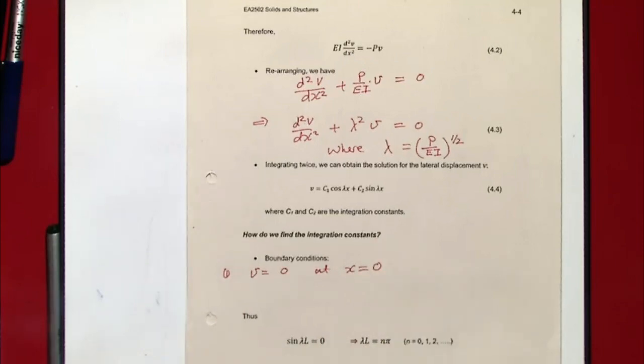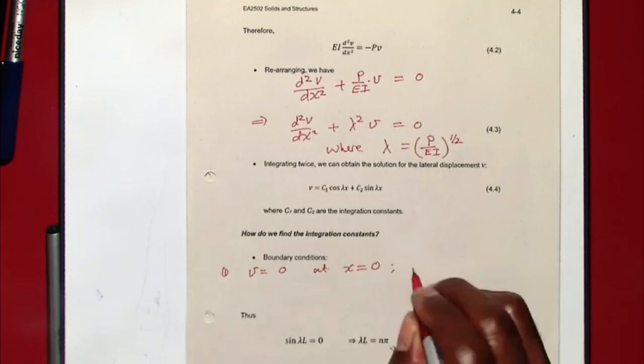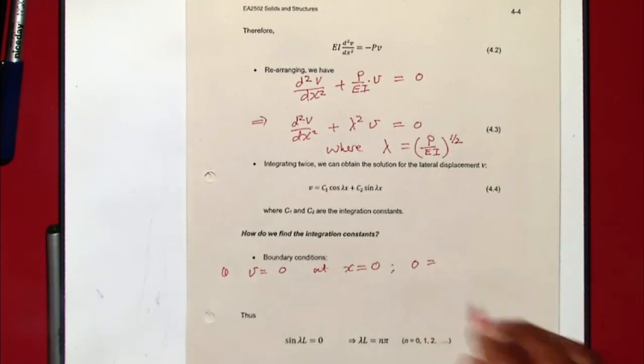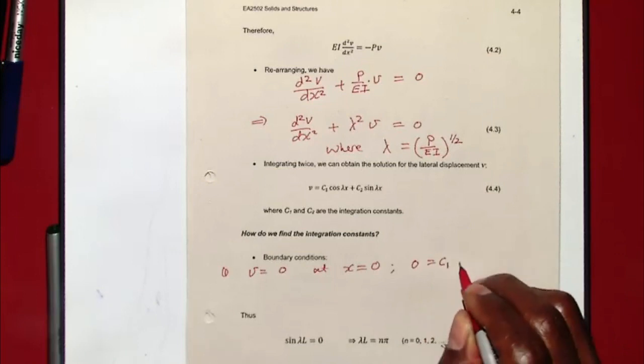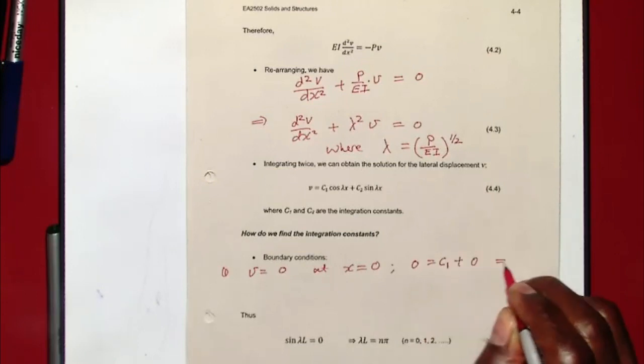If I put that into that equation, 0 equals C1 cos 0, which is C1, plus C2 sine 0, which is 0. So we have 0 equals C1 plus 0, which implies C1 equals 0.